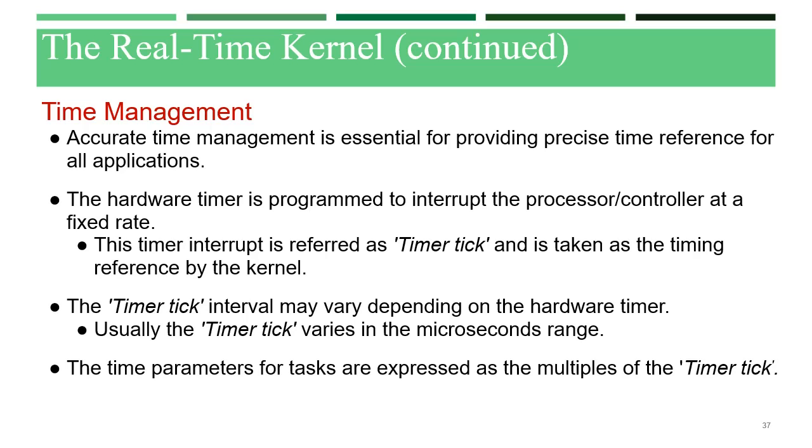The timer interrupt is referred to as the timer tick. The timer tick is taken as the timing reference by the kernel. The timer tick interval may vary depending on the hardware timer. Usually this timer tick varies in the microseconds range. The time parameters for the task are expressed as multiples of the timer tick.